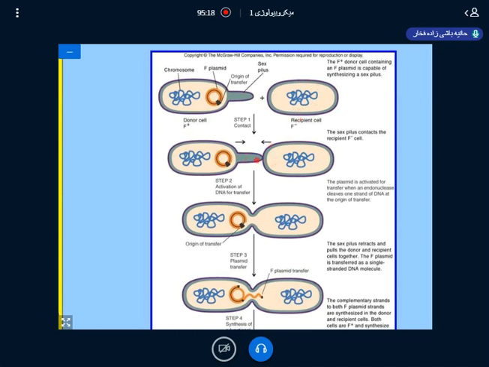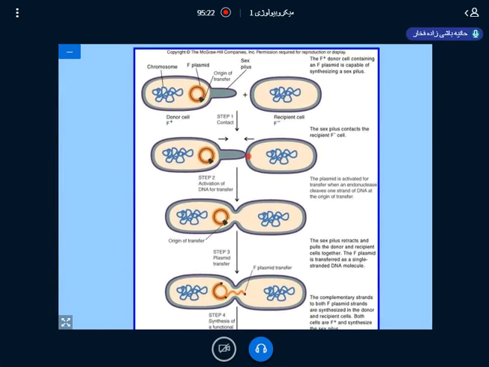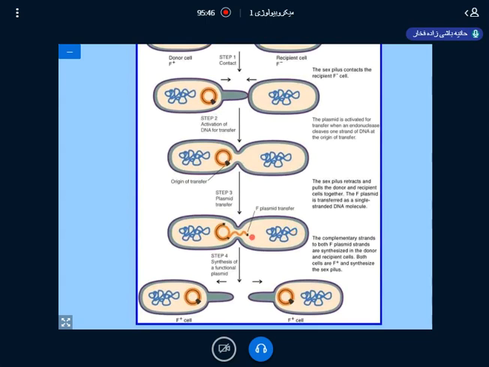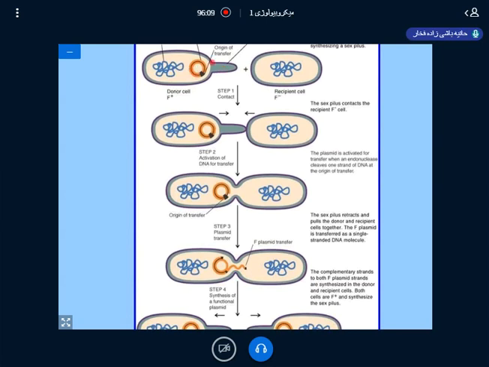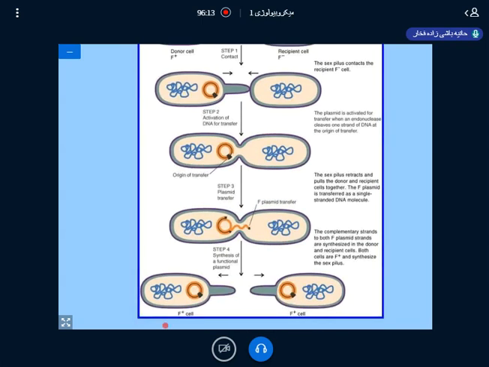The conjugation: sex occurs between them, the pilus attaches to the F negative cell, and they come together, and the plasmid transfers to the new cell, and then this plasmid makes the F negative cell into an F positive cell with pili and plasmid. At the end of this, instead of one F positive and one F negative, we have two F positive cells.